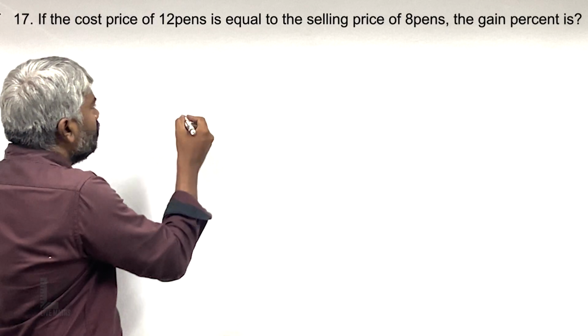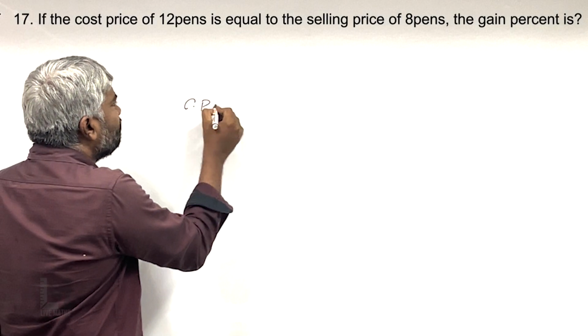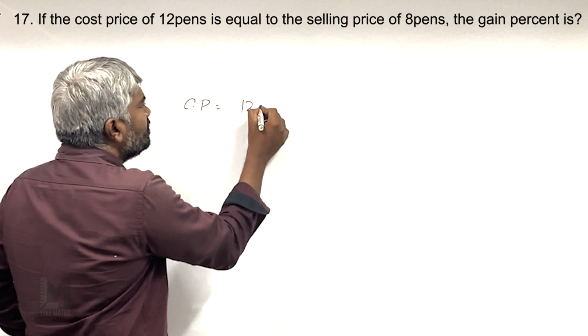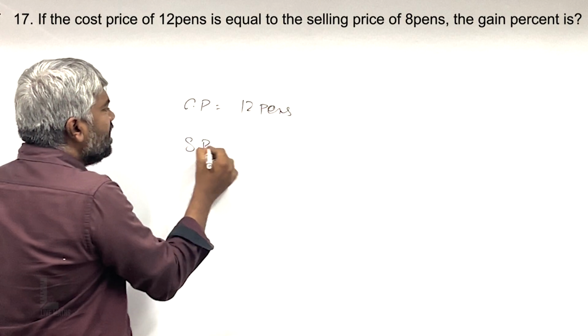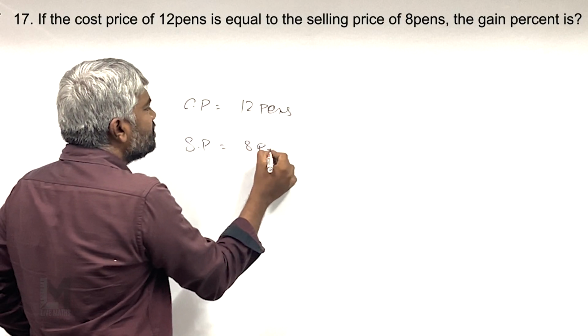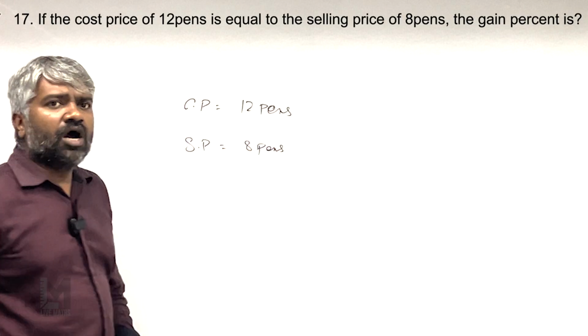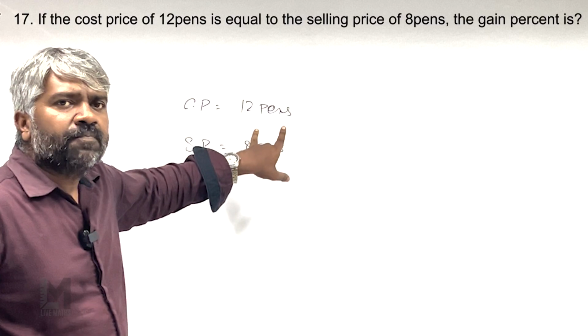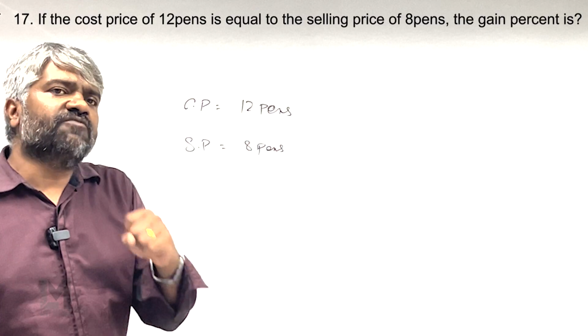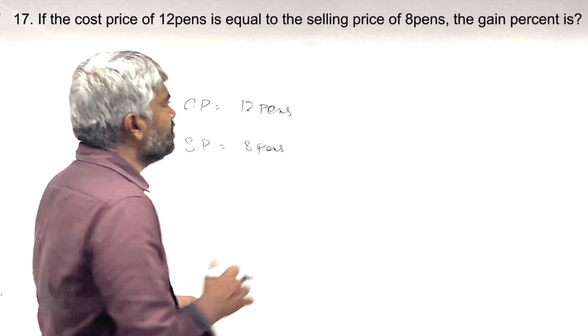Now the cost price of 12 pens equals the selling price of 8 pens. Now listen very carefully. I bought 12 pens. Let us assume the cost price of each pen is 100 rupees.